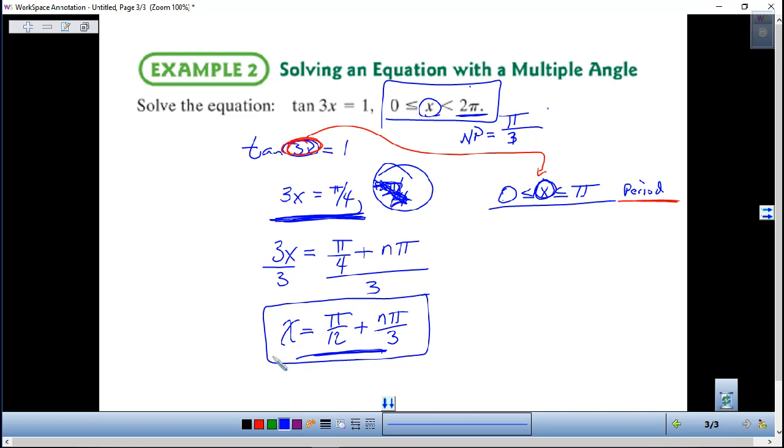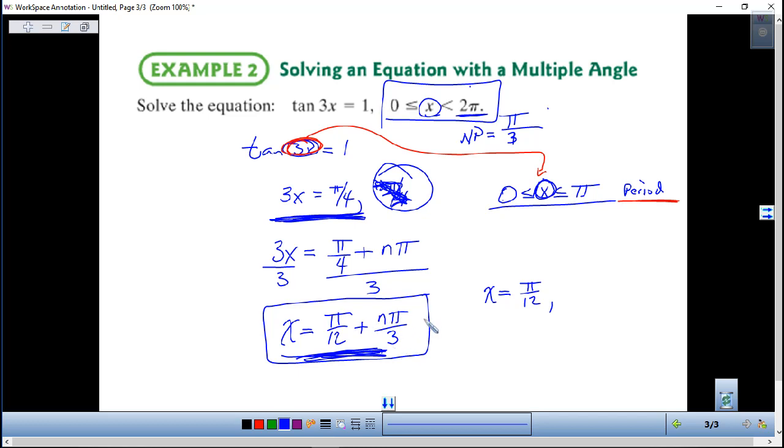Now, once I get all solutions, I can limit it down to just these. So I'm looking for all the ones, I'm going to add n pi over 3, but I'm only looking for the ones between 0 and 2 pi. So of course I know pi over 12 is the first, and that's with 0 pi over 3.